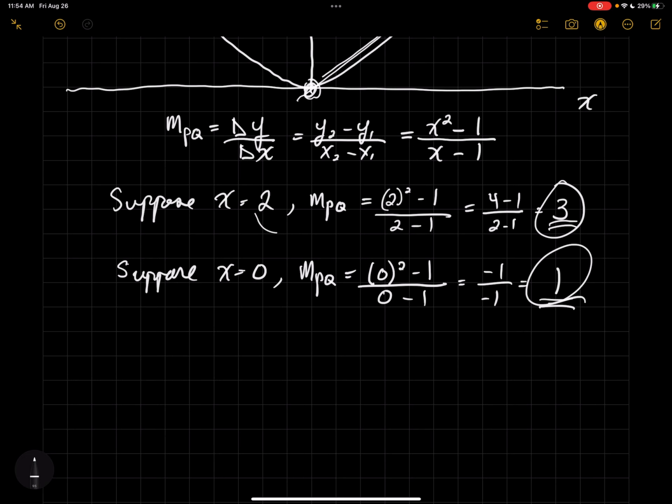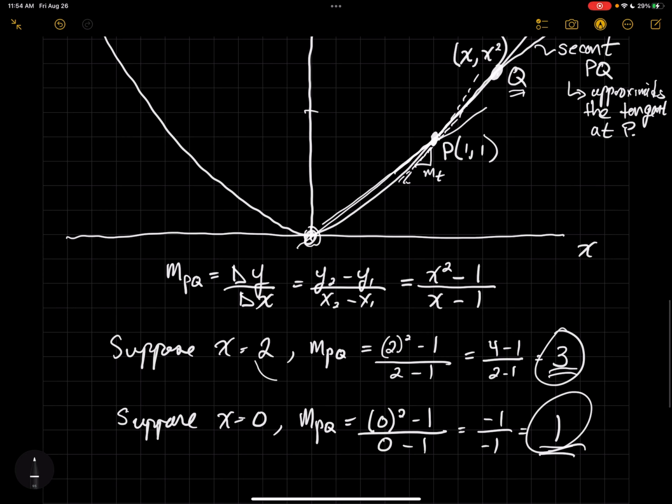I'm trying to determine the slope of the tangent at point P, and if I look at 1 unit to the right of P, where x equals 2, and then look at the slope of the secant where point Q is to the left of P by 1 unit, I get a different slope.